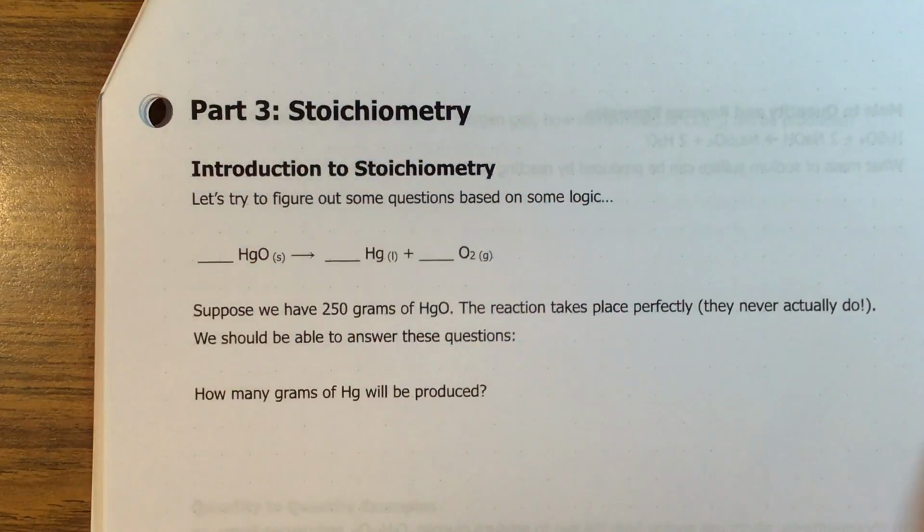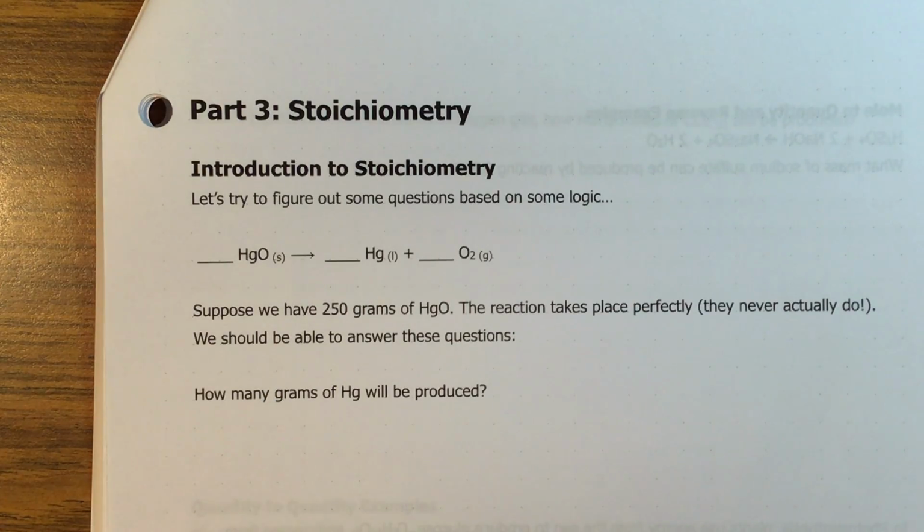All right. So first things first. When we start with stoichiometry, I'm going to start with one of the harder examples. This is probably one of the hardest examples that you can do. Let's try to figure out some questions based on some logic. Okay, so first thing we have our chemical formula.